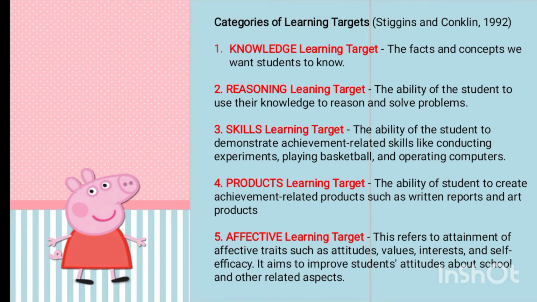And number 5, lastly, affective learning targets. This refers to the attainment of affective traits such as attitudes, values, interests, and self-efficacy. It aims to improve students' attitude about the school and other related aspects.